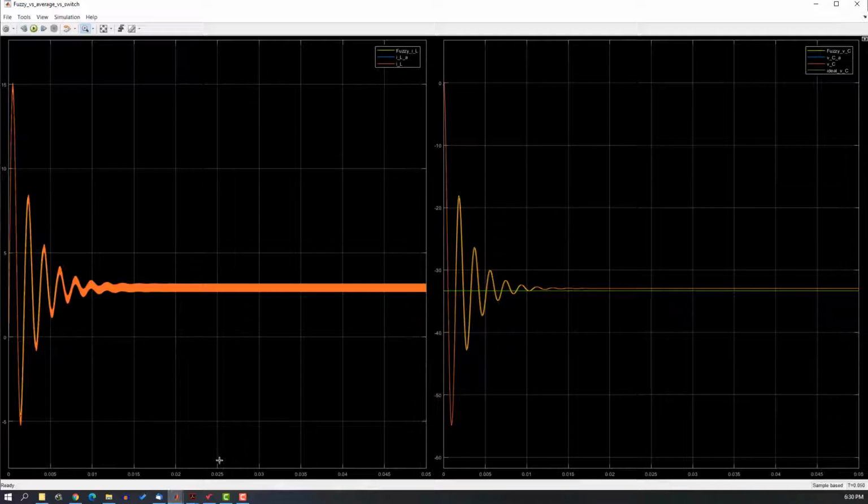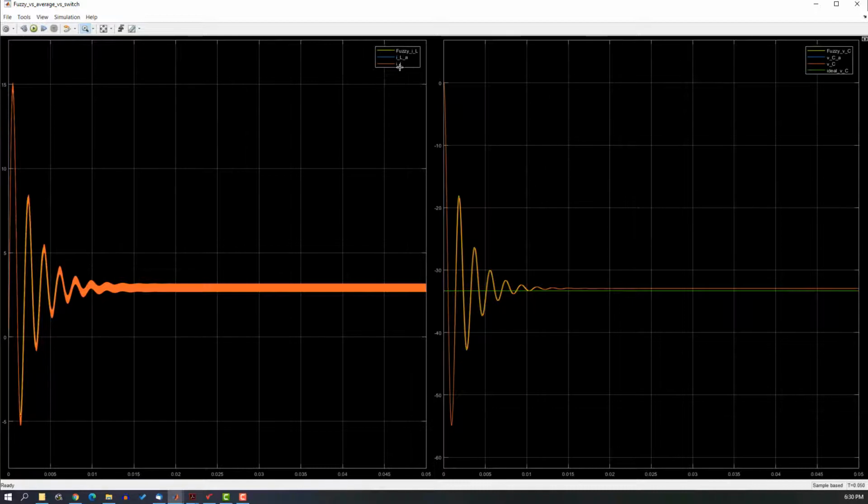So now we can compare. Here I compare three models: the average model, the switch model, or you can call it the detail model, and the fuzzy model. But for now, you just focus on the fuzzy and the real model.